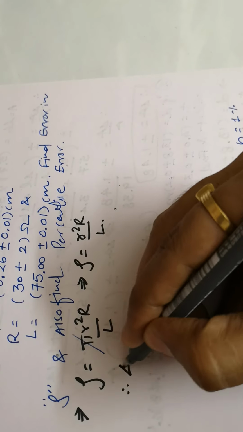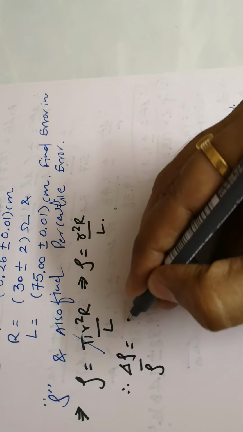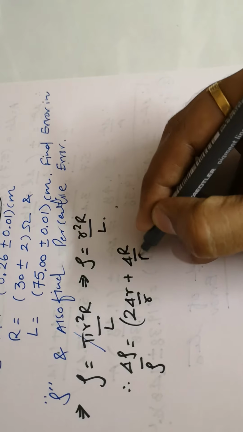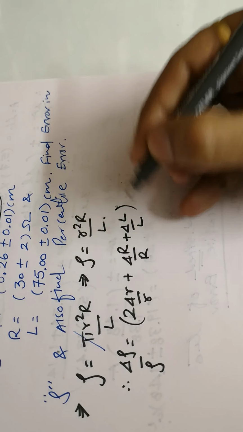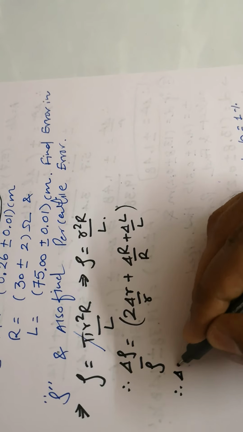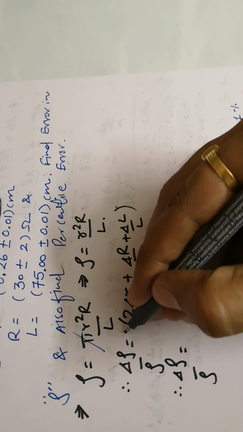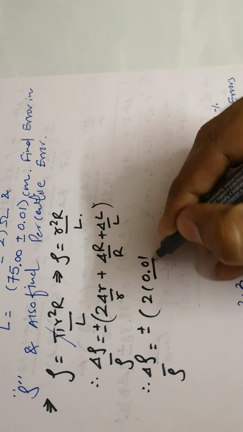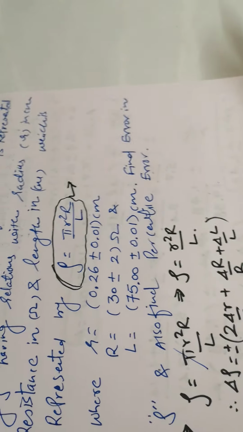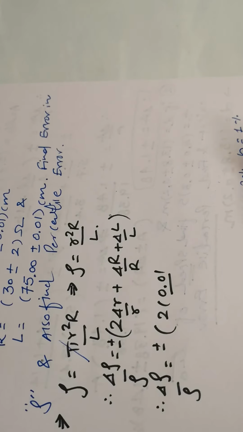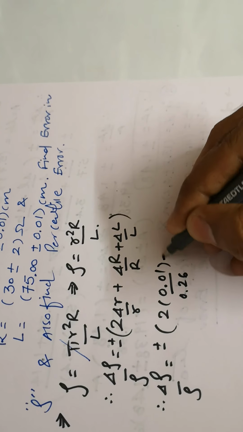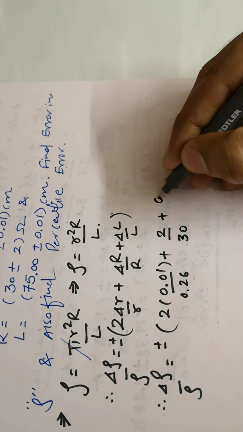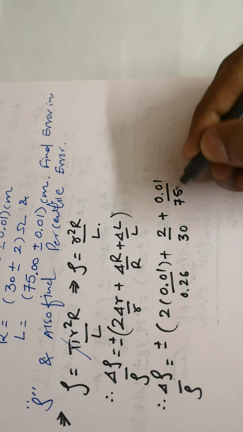Error in terms of delta rho by rho is equal to 2 times delta r by r plus delta capital R by R plus delta L by L. So I can have delta rho by rho equal to plus or minus 2 times 0.01, because I have been given that the small r value is 0.01, divided by 0.26, plus delta R's value is 2, divided by 30, and I have 0.01 divided by 75.